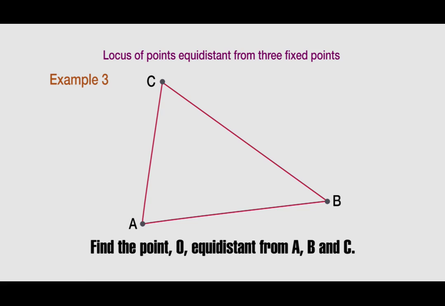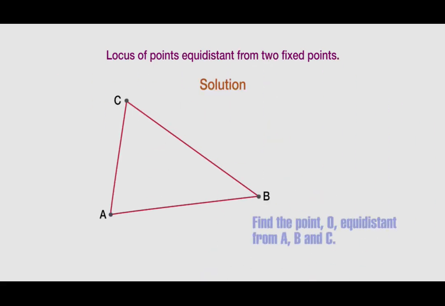Good. Example 3. Consider this triangle. Find the point O, equidistant from A, B, and C. Let's take the solution. We first construct the perpendicular bisector of any of the 2 sides.